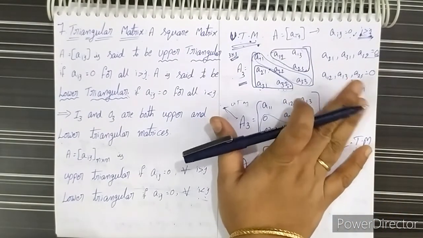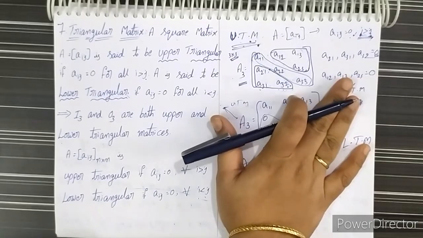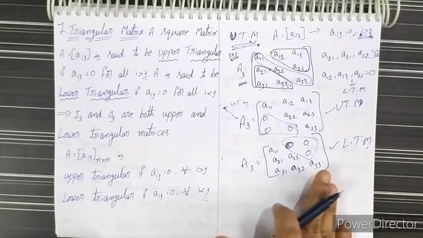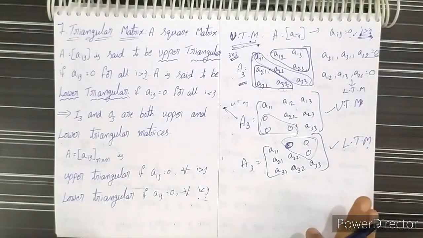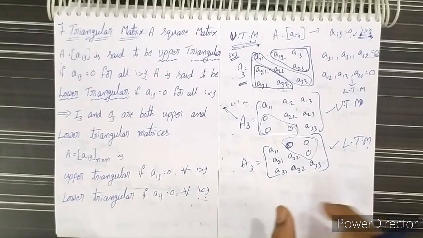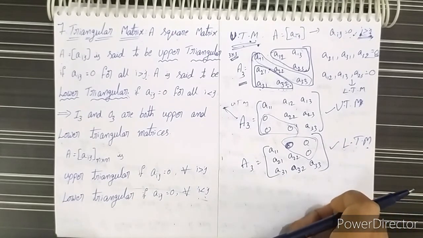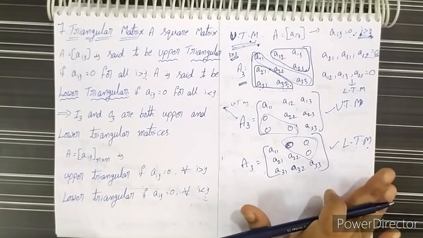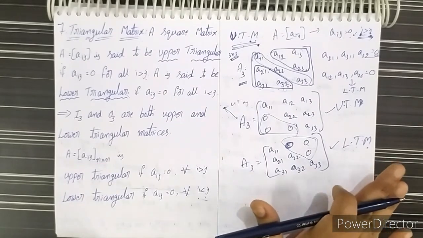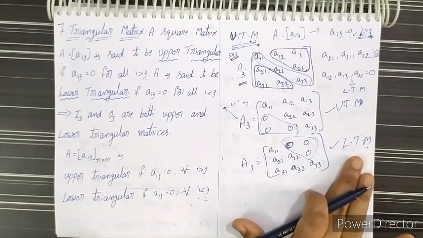These are the types of matrices. Seven types are given in this chapter. The first type is square matrix. Square matrix means the number of rows and number of columns are the same, then that matrix is called a square matrix. The second is diagonal matrix.